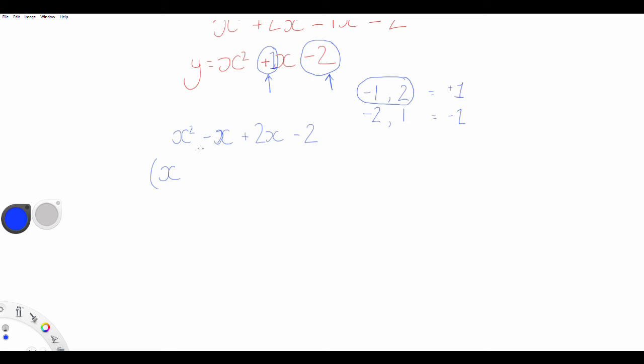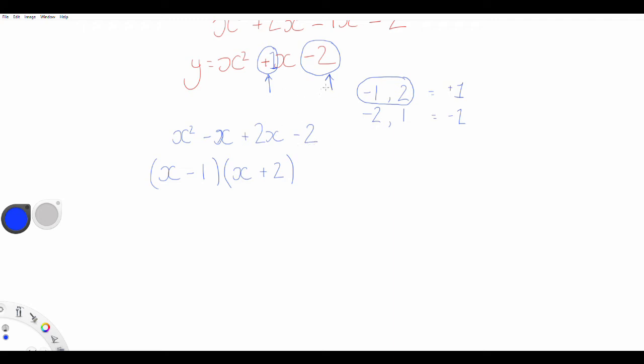If you were to take an x out, you would have a negative 1x here. And in the other one, in terms of how you would have created this plus 2x term, you would have had an x and then the plus 2. Because when that times there, you've got a plus 2x, and that x times by this one, you have a negative x. And then again, negative 1 times positive 2 is going to give you the negative 2.